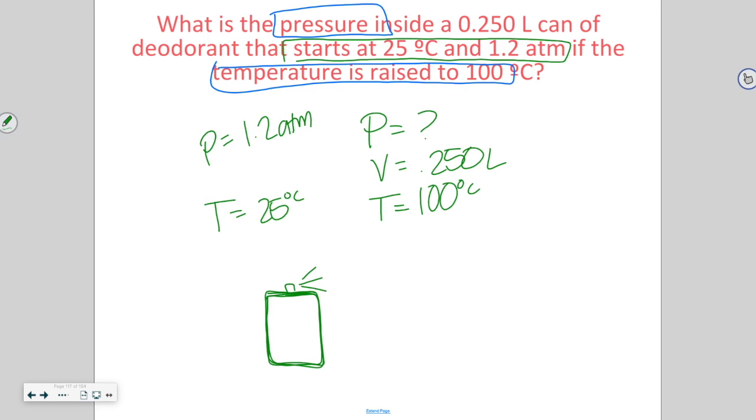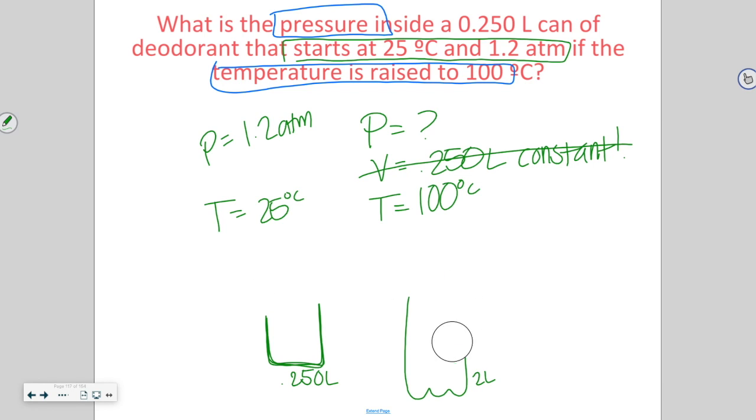It may be empty inside, but the can itself still takes up 0.250 liters of space. Think about if you drink a 2 liter from the store. If you drink a 2 liter, it's now empty, but that bottle itself can still hold 2 liters of fluid. So your volume is constant.